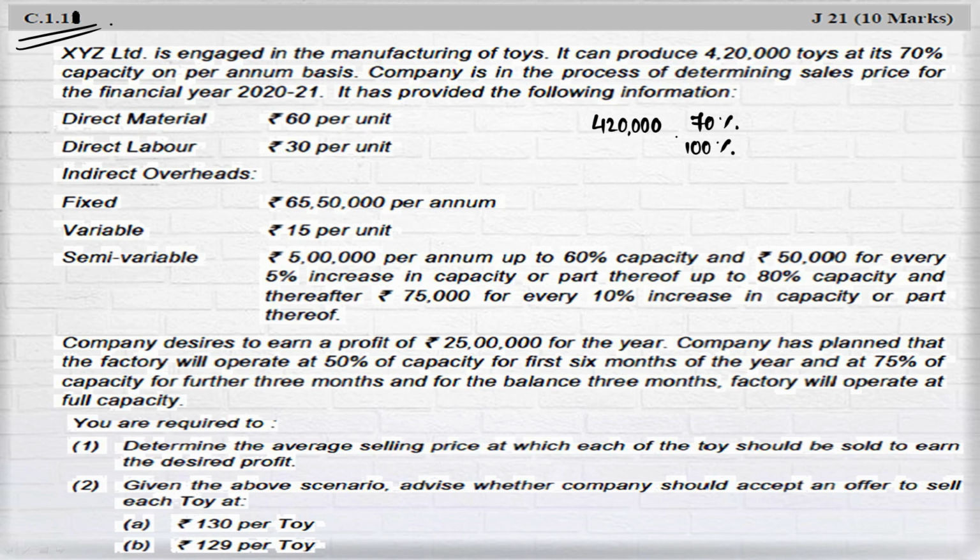Can you tell me 100% capacity? It is 6 lakh at 100% capacity. And the question is also of toys.